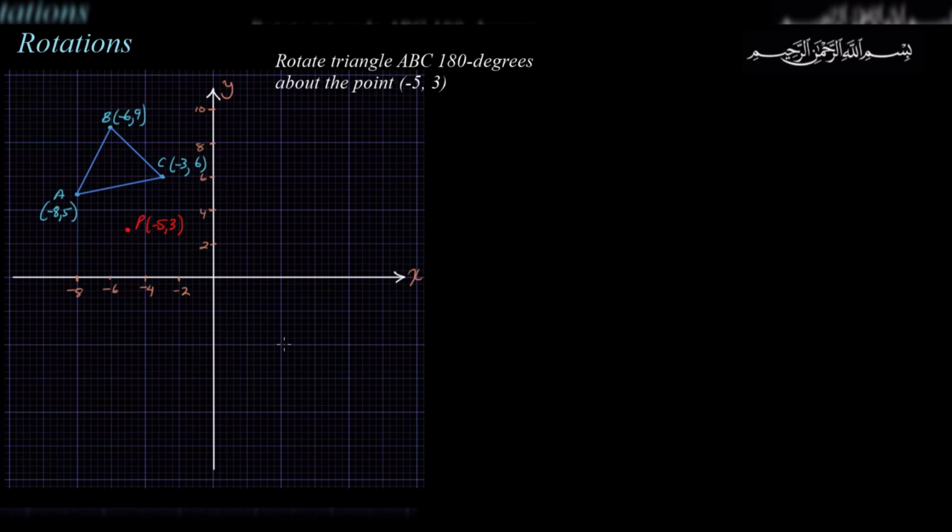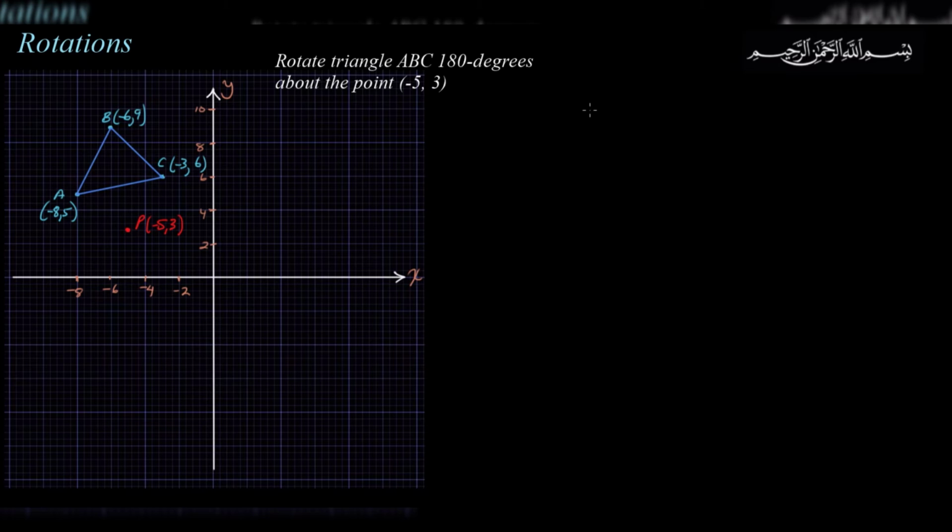Now, we said a little bit ago that you can rotate an object about any point. You don't have to rotate about the origin. But that's going to be tricky, right? So how do we go about doing this? Because we kind of know how to rotate objects about the origin.